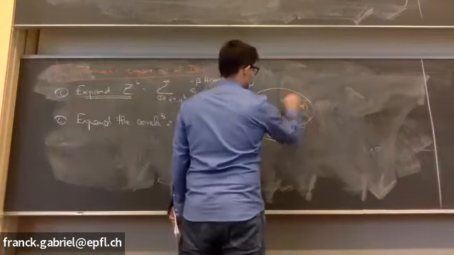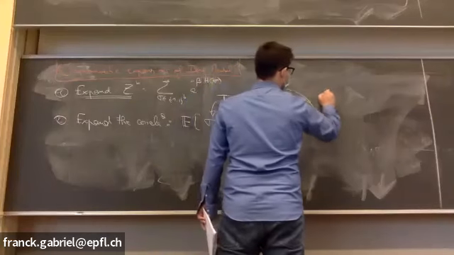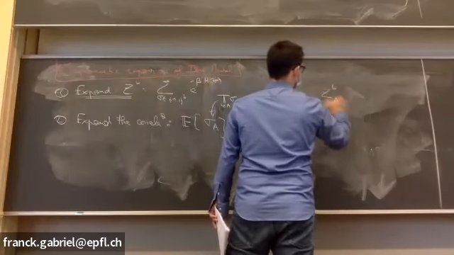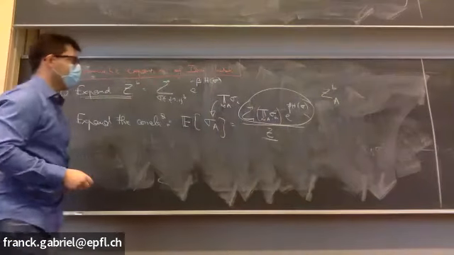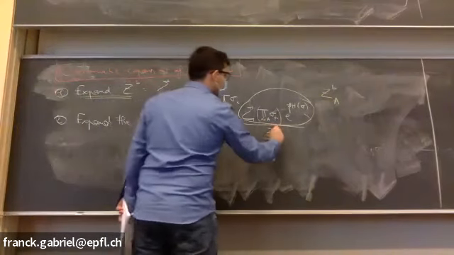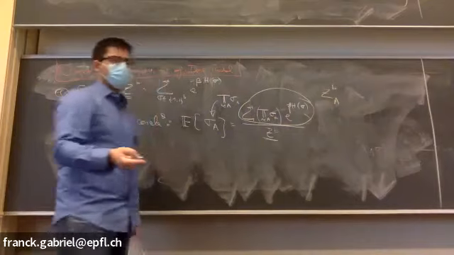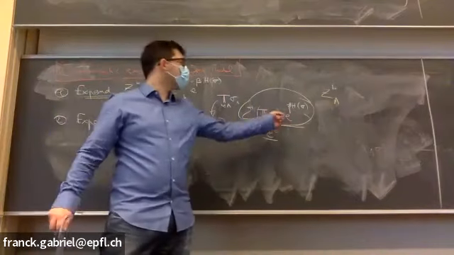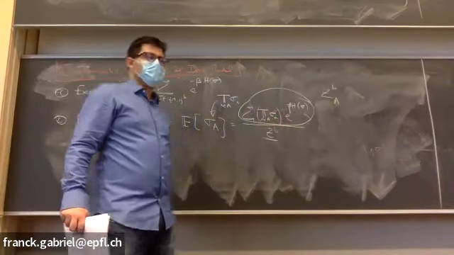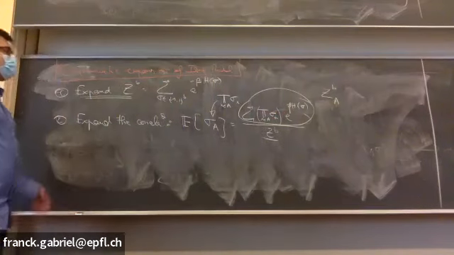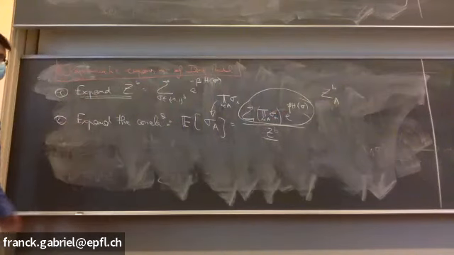This guy here, I'm going to call it Z_B^A. So here is the partition function with no spin inserted, and this is the partition function with spins inserted.